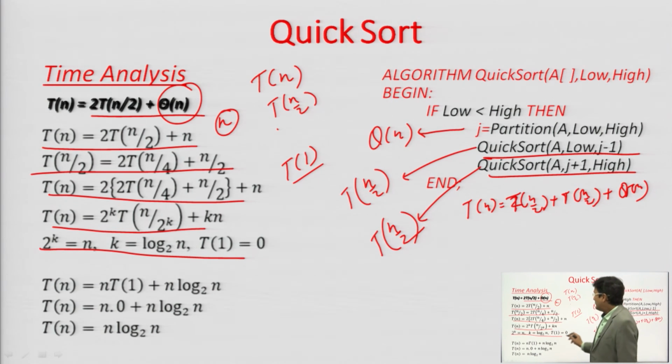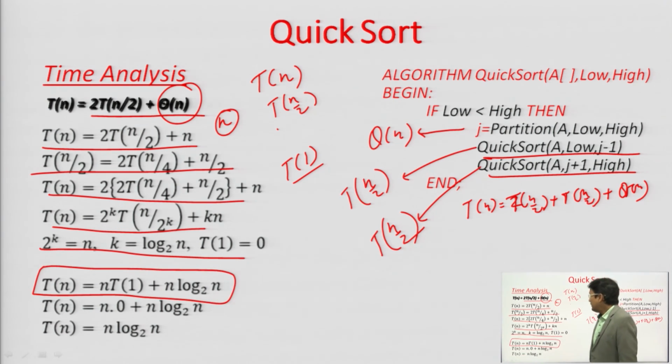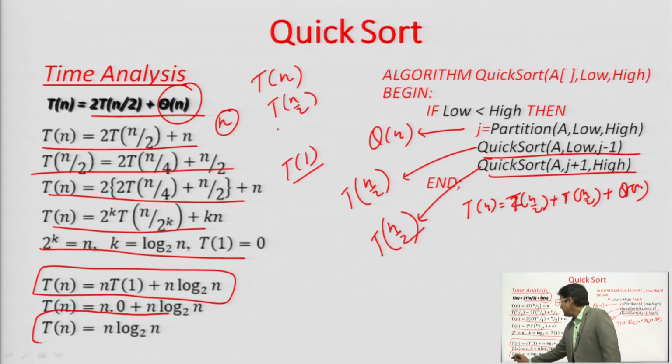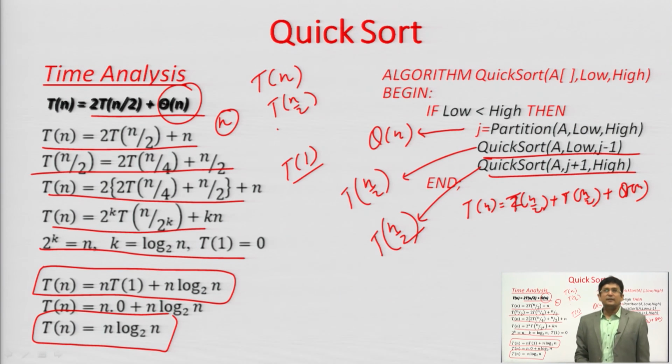So, the value of the recurrence will be T(n) equals n T(1) plus n log n. This can be written as n log n, and since we are assuming that the array has been divided from the very middle, the complexity of this algorithm will be the best case, and this should be written in the omega notation.